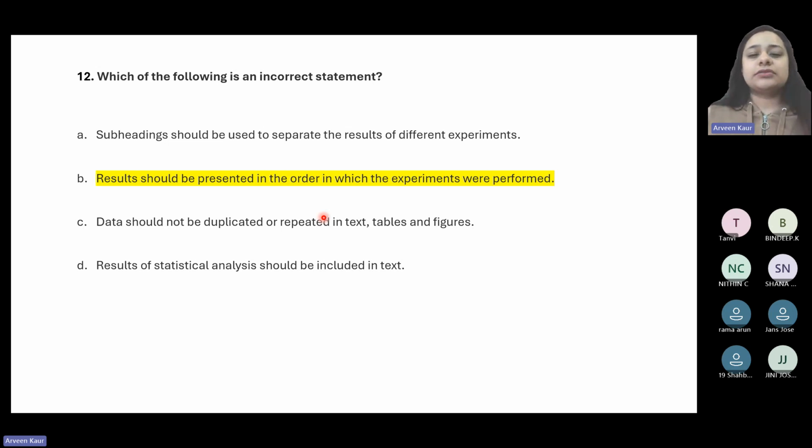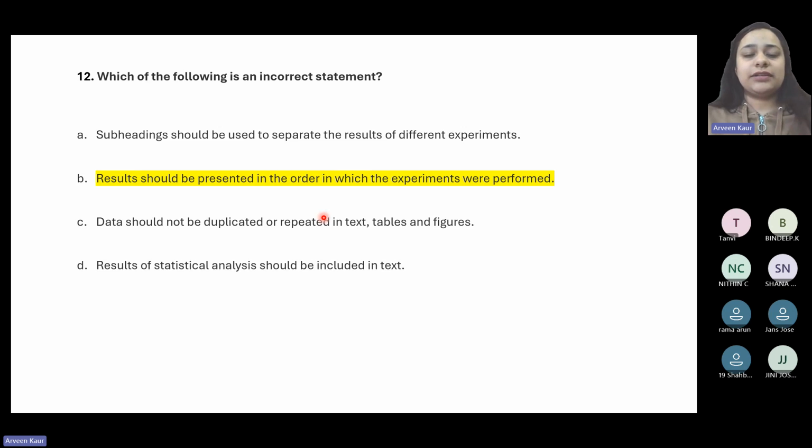So it is not necessary that the order in which it was done will become the order of your paper, because your paper is like a story. You do not need to convey it in the way that you have worked for it.